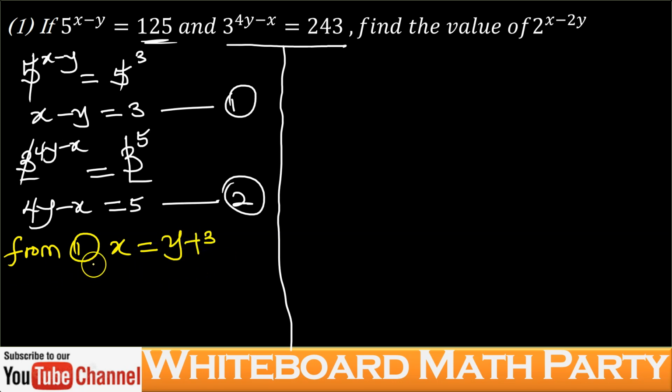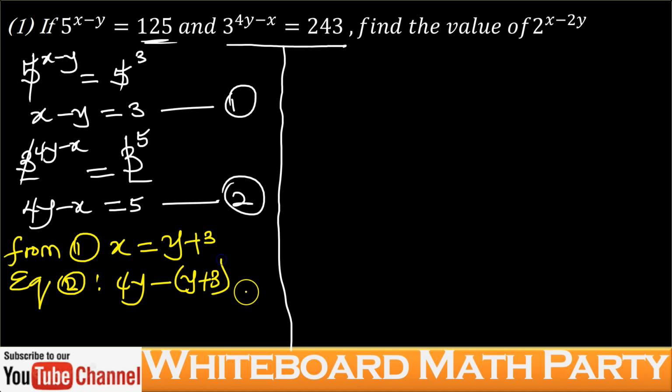So I'm going to substitute the value of x, which is equal to y plus 3, into equation 2. Equation 2 will now become 4y minus, with y plus 3 taking the place of x, because I'm substituting right here, and everything is equal to 5.